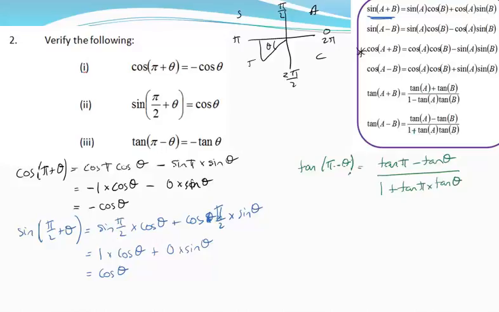So at pi our tan is equal to 0. So we have 0 minus tan of theta divided by 1 plus 0 times tan theta. So we end up with negative tan theta divided by 1, or negative tan theta.